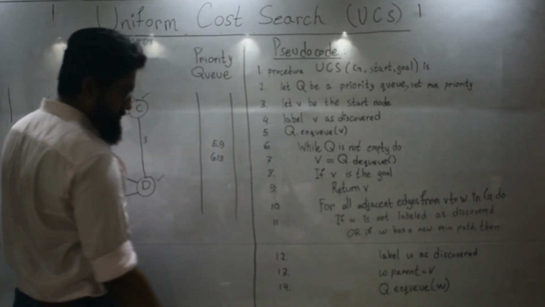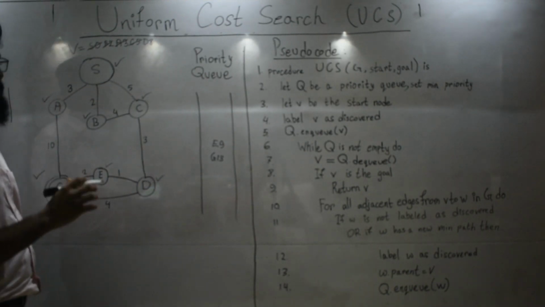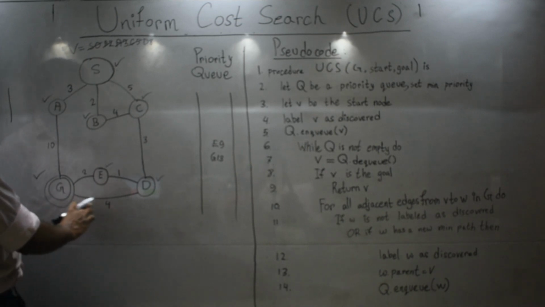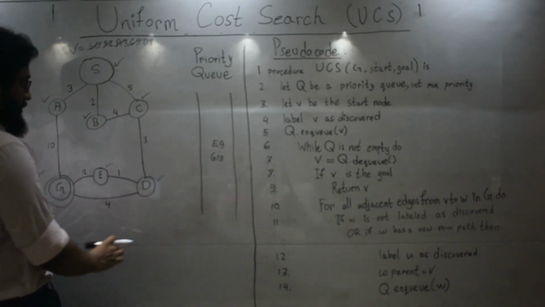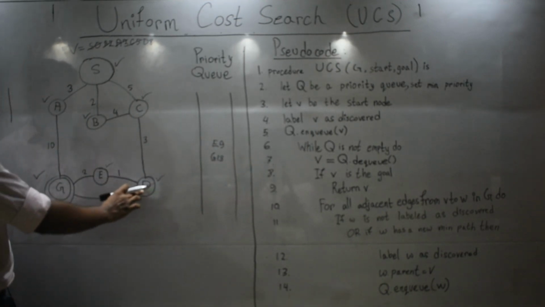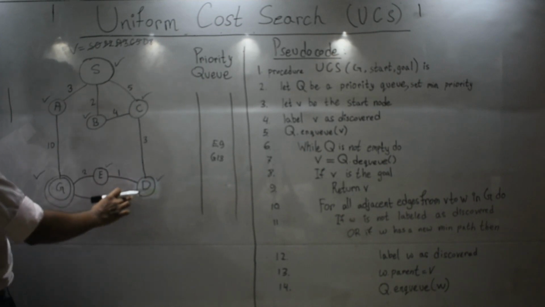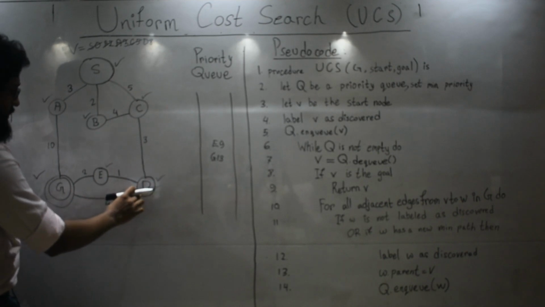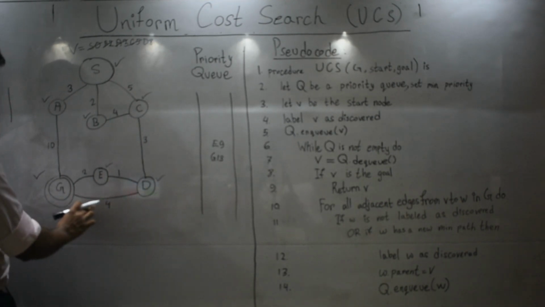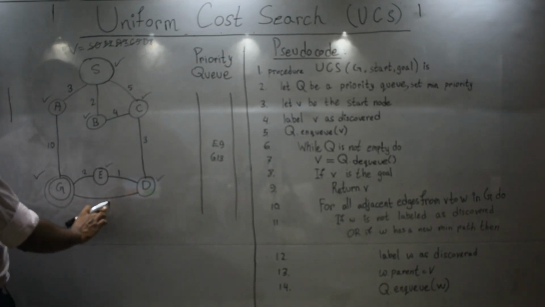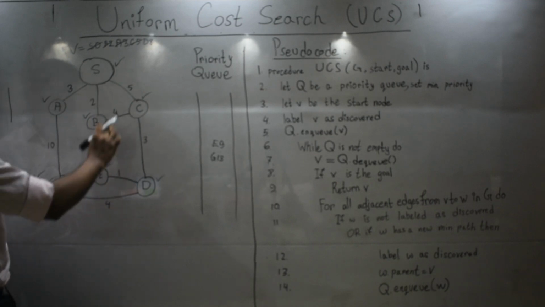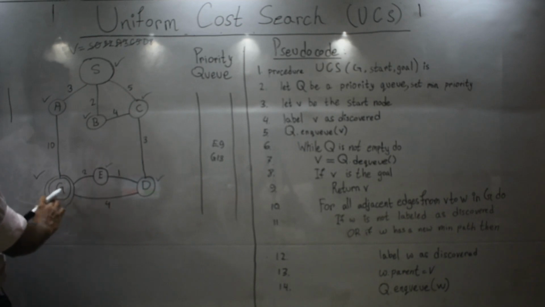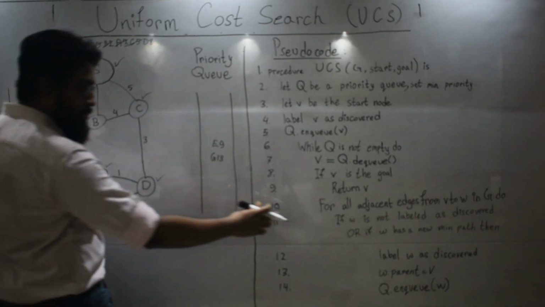However, let's check, does it have a new minimum path or not? So G already has a minimum path of 13. Let's check what it has from D. D has a cost of 5 and 3, 8, and this path will take it to G, and this has a cost of 4. So 5 and 3, 8, 8 and 4, 12. So G has a new minimum path.